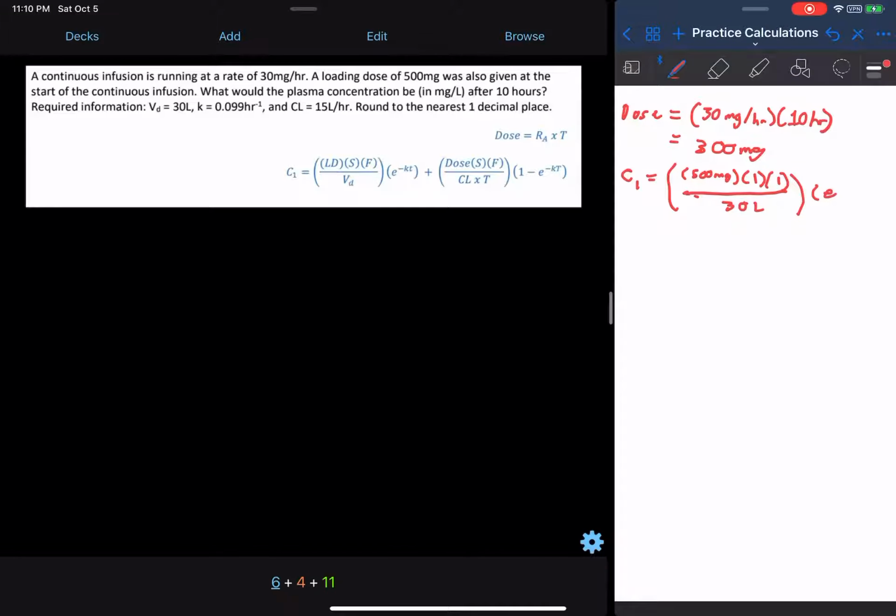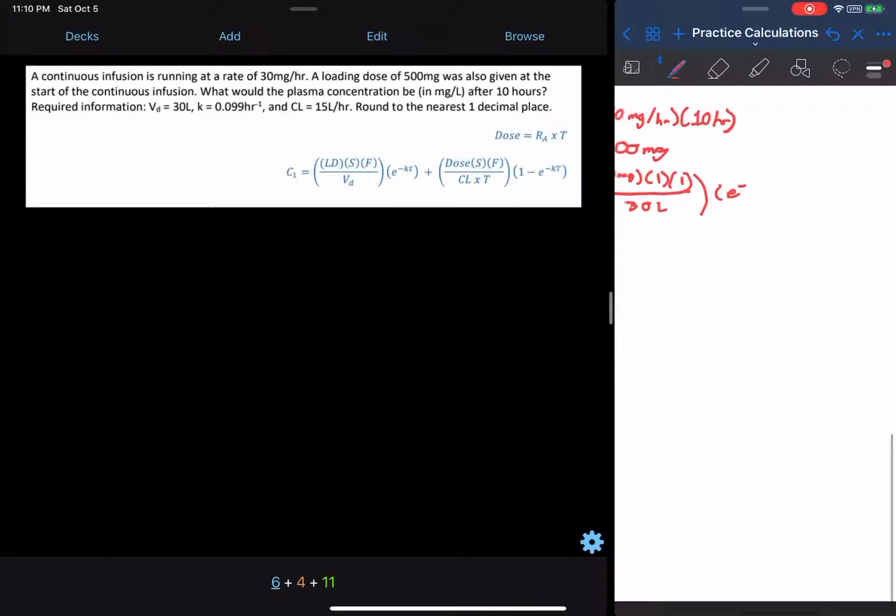That's my e to the negative 0.9 multiplied by the time, which is 10 hours.